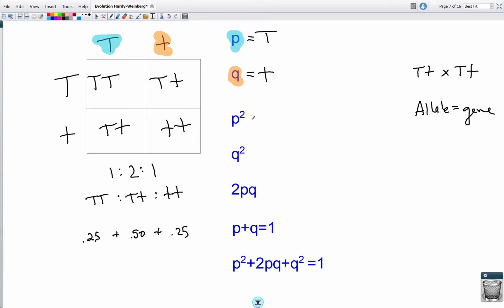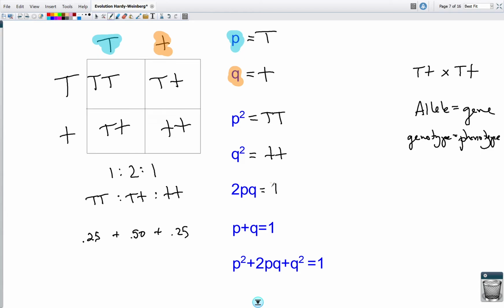Then they said, okay, well, p squared must be big T times big T, which is p times p. Well, that's a genotype. That's kind of what you are genetically. It takes 2 alleles to make a genotype at least. And so if we're talking about a genotype, we're talking about what you end up looking like. And so genotype is very similar to what we call phenotype, what you look like. So your genes determine what you look like. The alleles are the actual genes that have been separated. This is little t, little t.